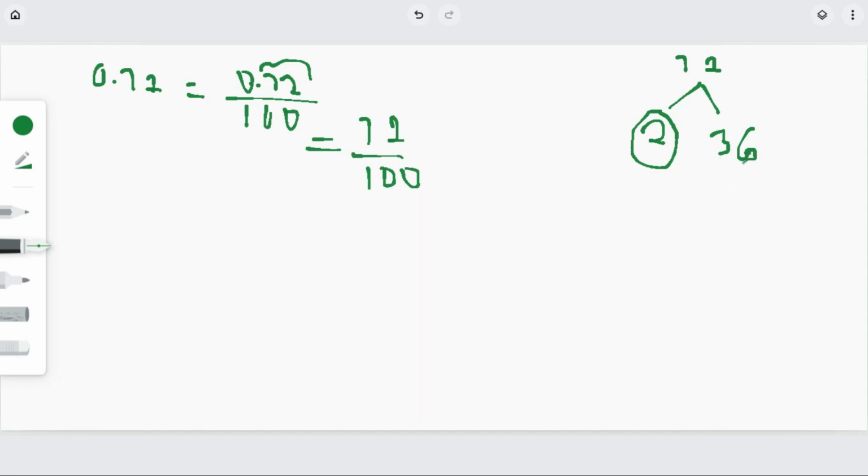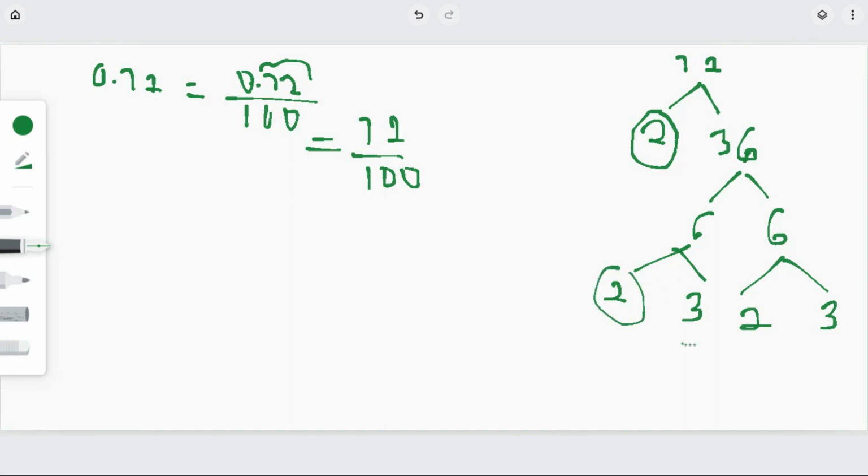So what can I multiply together that will give you 36? Let's say 6 times 6. Let's stop using 2. So 6 times 6 is 36, you remember. So what can I multiply together that will give you 6? That's 2 times 3, you understand? And here also we have 2 times 3. And then since we have 2 times 3 here, we now have 2 times 2.